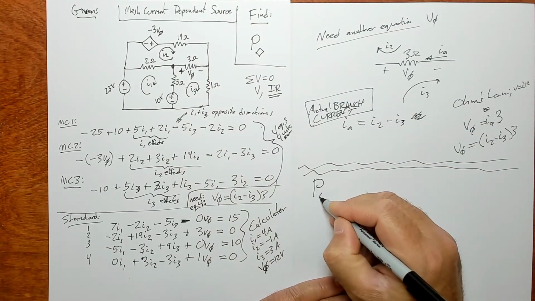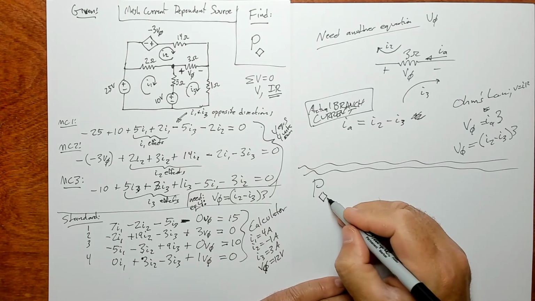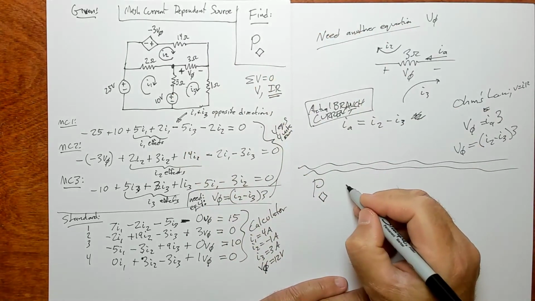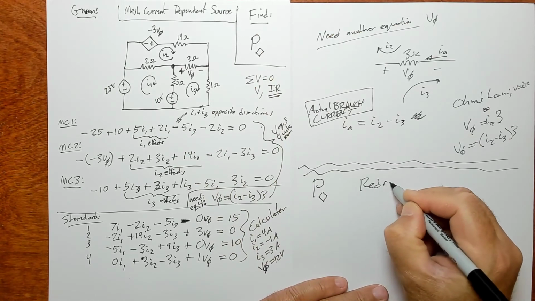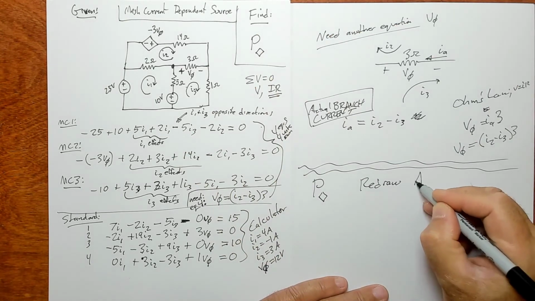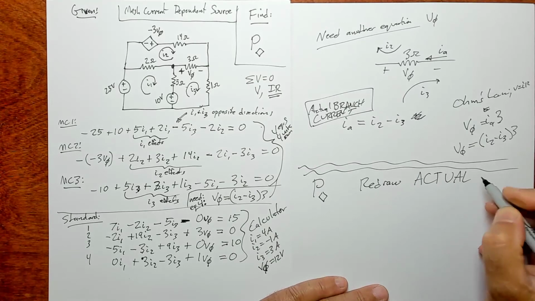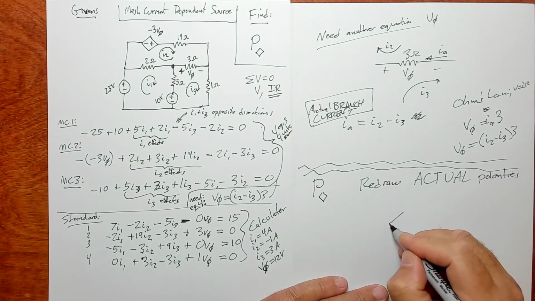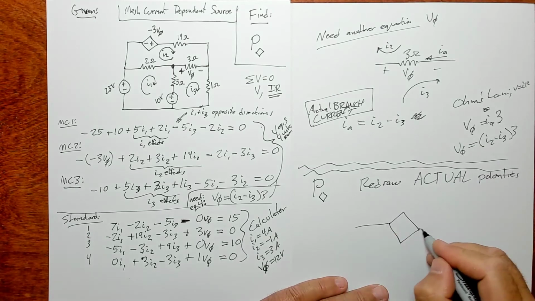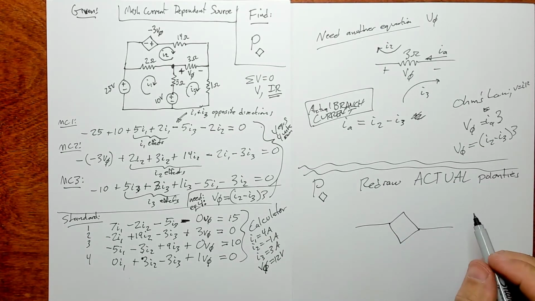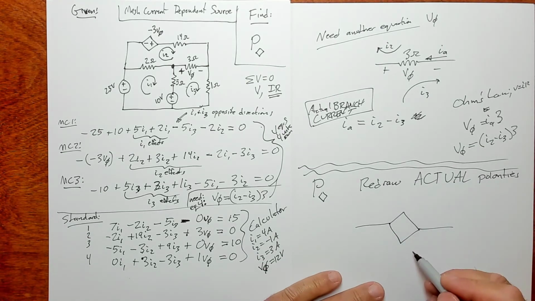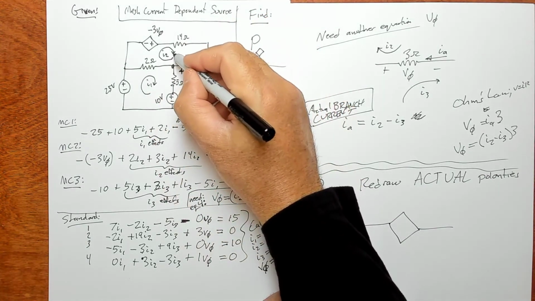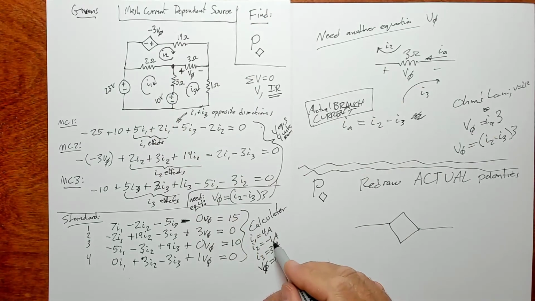Let's do this. To do the power in this, which is what we're trying to find, let's just redraw it with actual polarities. So what's really happening in this guy right here? Well, we drew I2 going that way, but it turned out to be negative 1 amp.